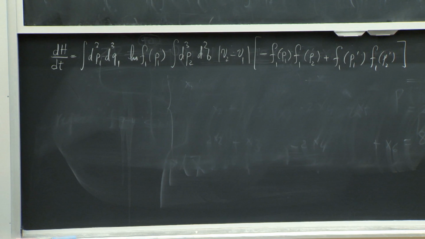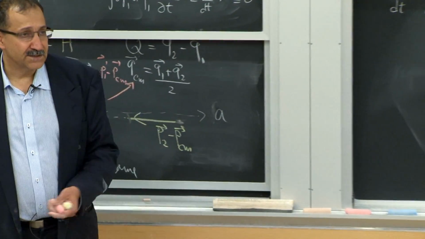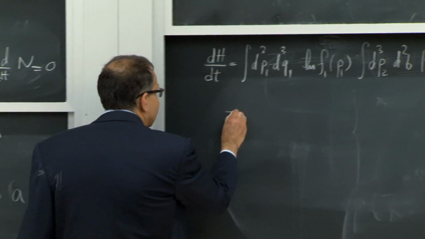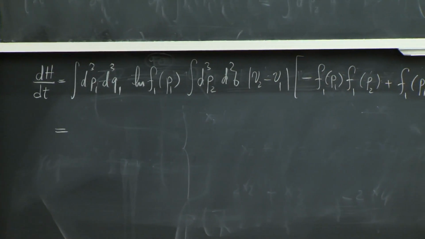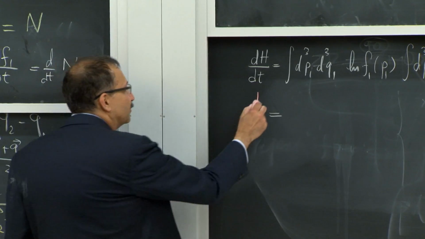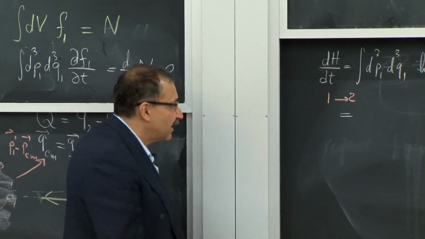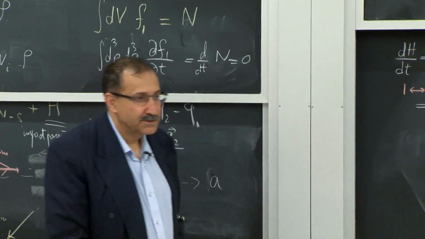If I have a function of x and y that I'm integrating over x and y, I can call x z, I can call y t, and I would integrate over z and t, and I would have the same answer. So I would have exactly the same answer if I were to call all of the dummy integration variables that are indexed 1, 2, and any dummy variable that is indexed 2, if I rename it and call it 1, the integral would not change.